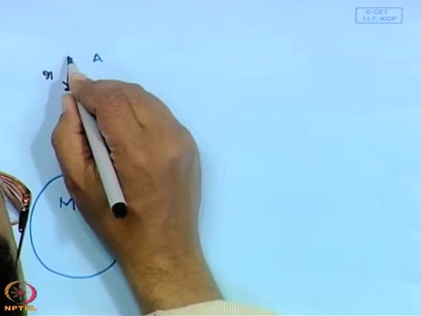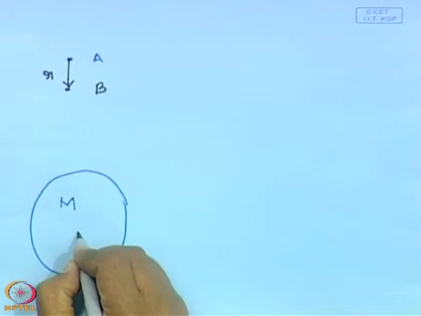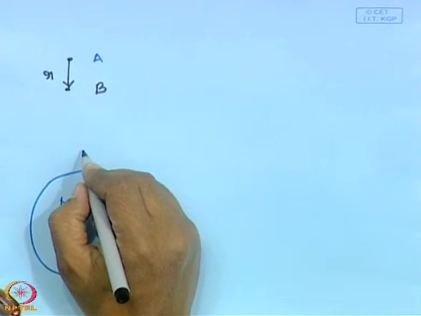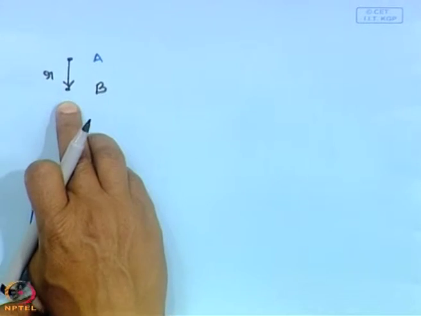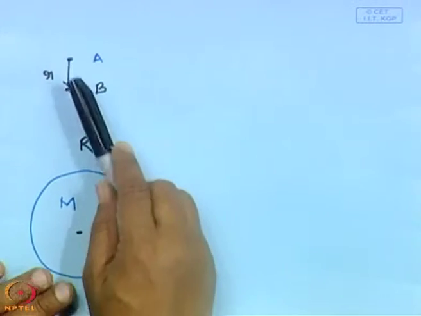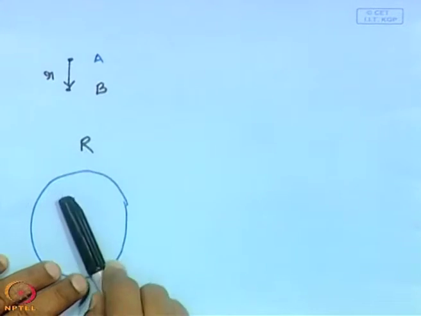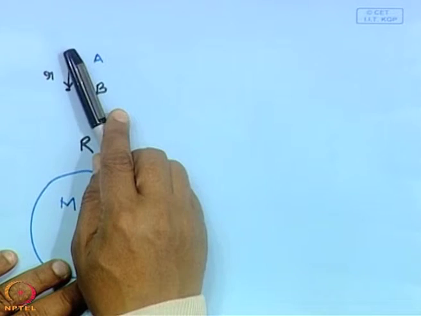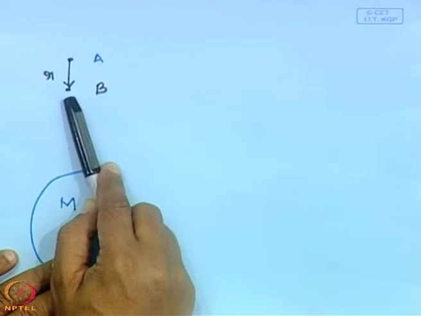So the observer A is located at a distance capital R, and the particle B is at a distance which is r less than that of A. The question we are going to ask is, suppose there is an observer sitting here who is falling freely in the gravitational field, what is the relative acceleration that he will see for B?